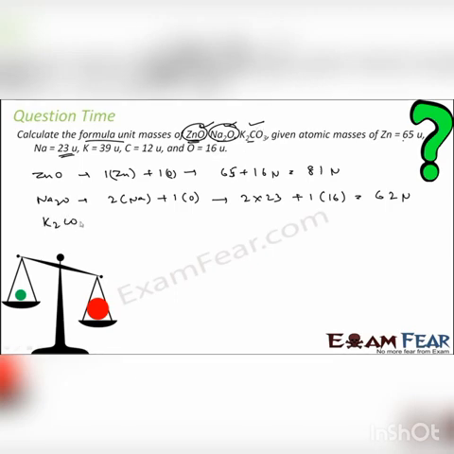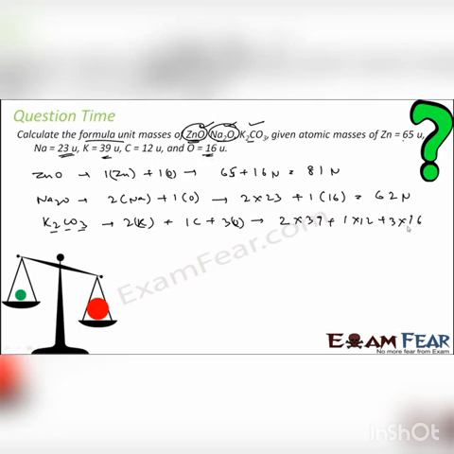K2CO3. 2 potassium, 1 carbon, 3 oxygen. Let's put the values. 2 into potassium is 39 plus 1 into carbon is 12 plus 3 into oxygen.